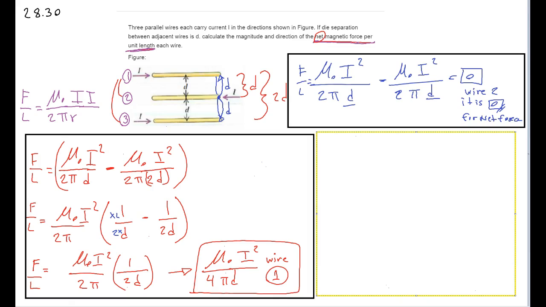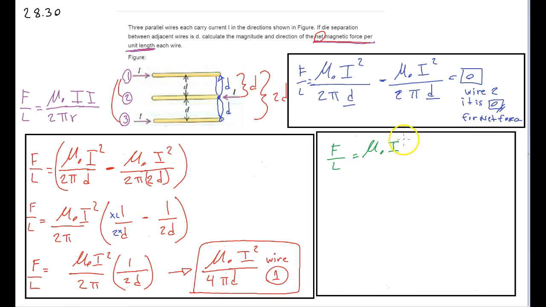Let's do this in green. For wire 3, it's the same concept. So mu sub naught I squared over 2 pi D minus mu sub naught I squared over 2 pi 2D.